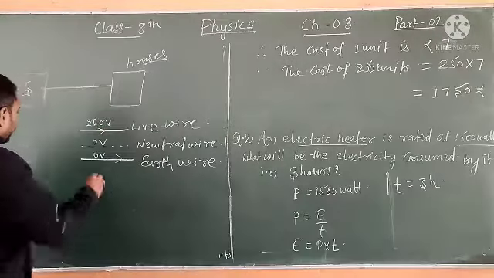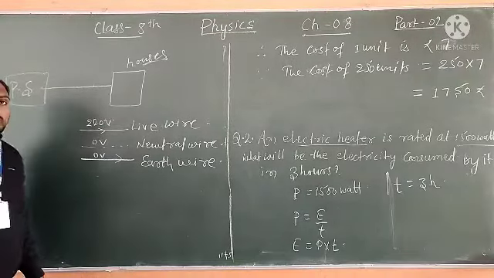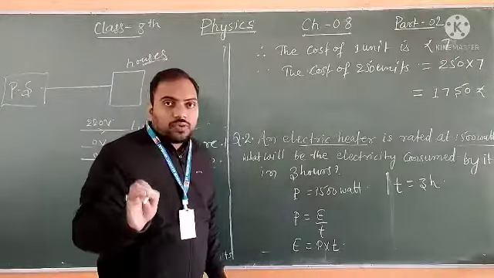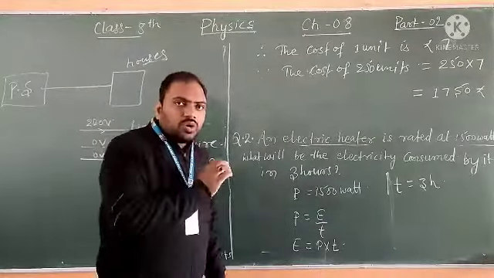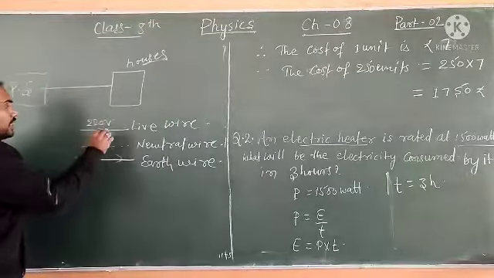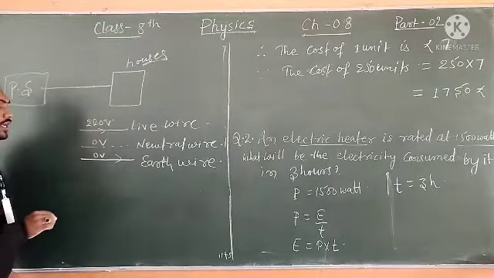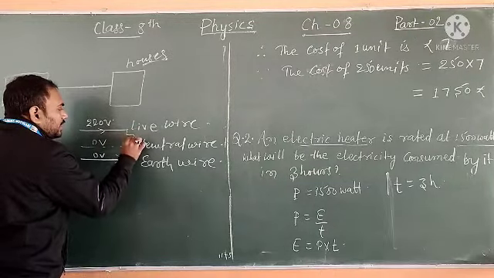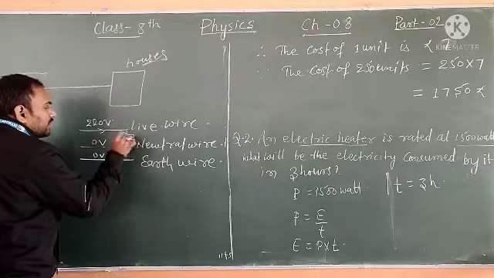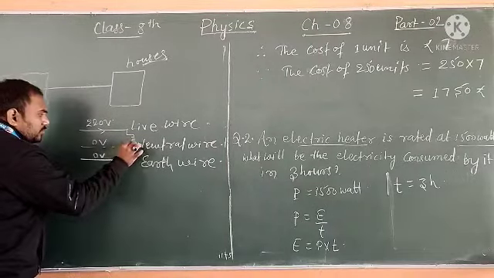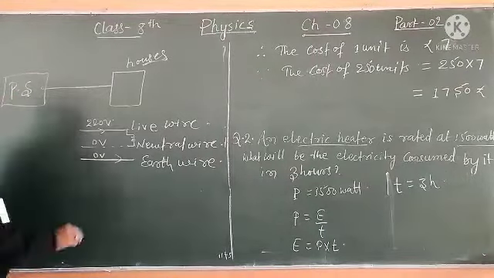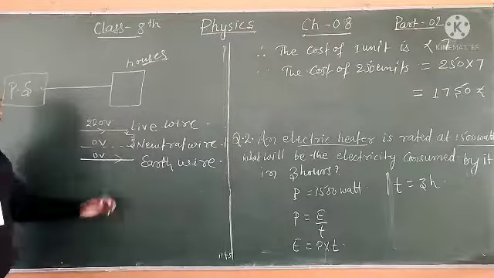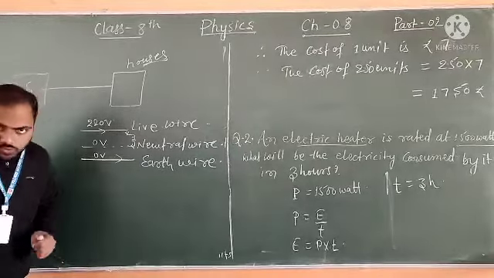As I have explained, a circuit is a closed path in which current flows from higher potential to lower potential. So if you connect a device like a heater or other electric device, it is connected through the neutral wire, so current will flow from higher potential to lower potential, and this is how your system will work.